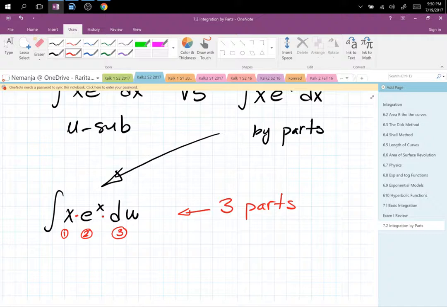You could have x to be a part. You can also have x e to the x to be a part, or e to the x and du, or x du. So any combination of these, or each one individually, could be a part. So I have 3 separate parts, but I also have combinations of these. So we're technically looking at, what, 6 parts that we could possibly make.